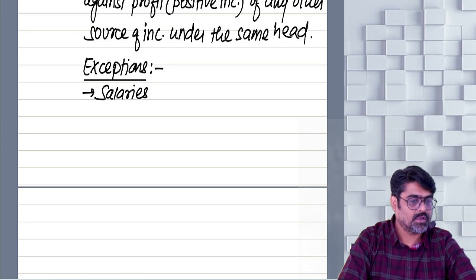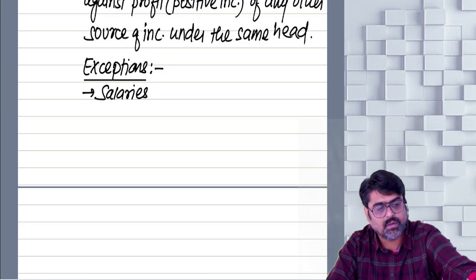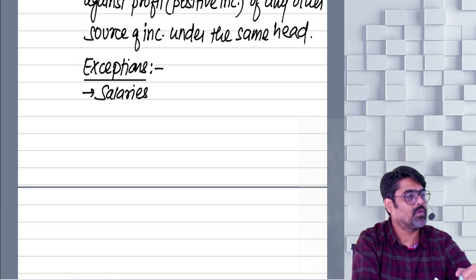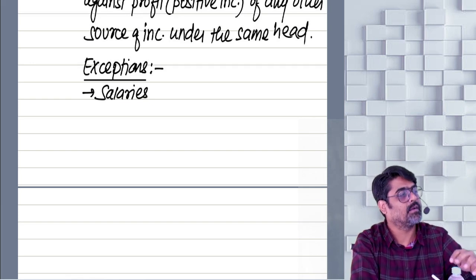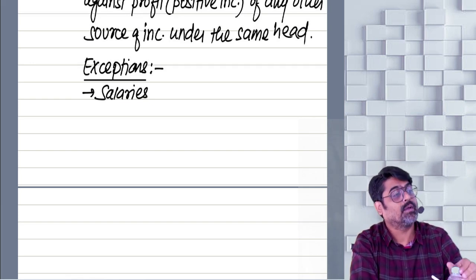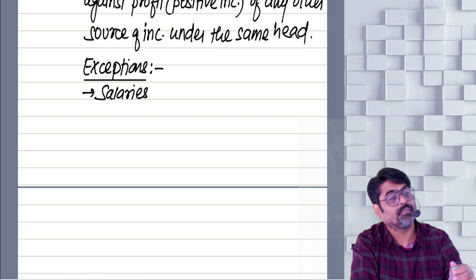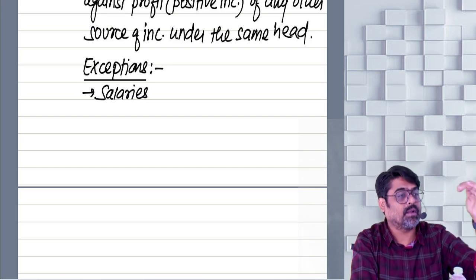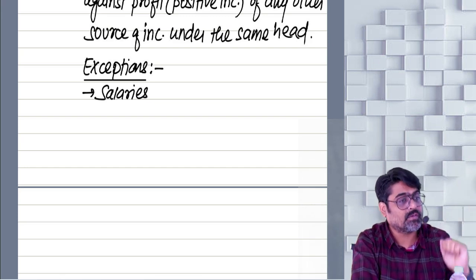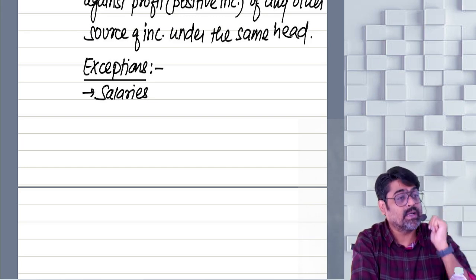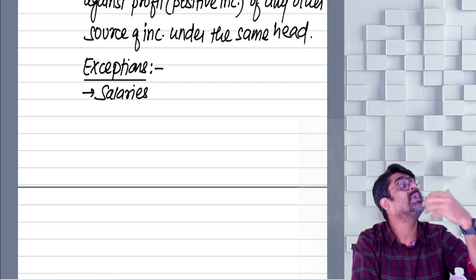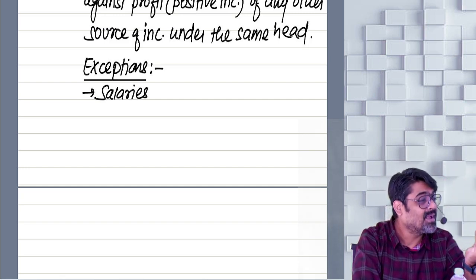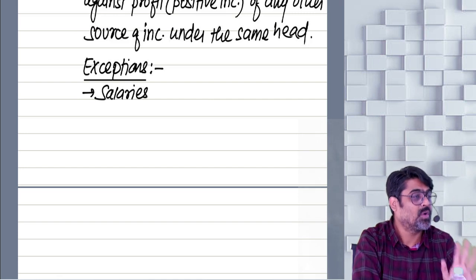You will have a loss under the head salary when the taxable income of a source is less and the allowable deductions are more. Only if the deductions are higher than the taxable income of that source will the loss arise.